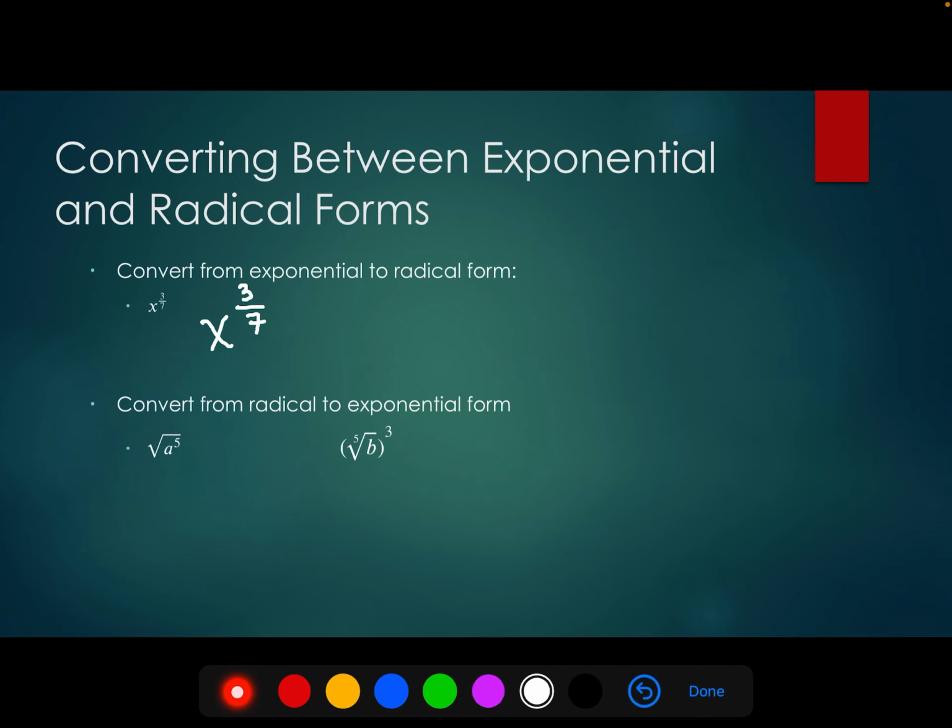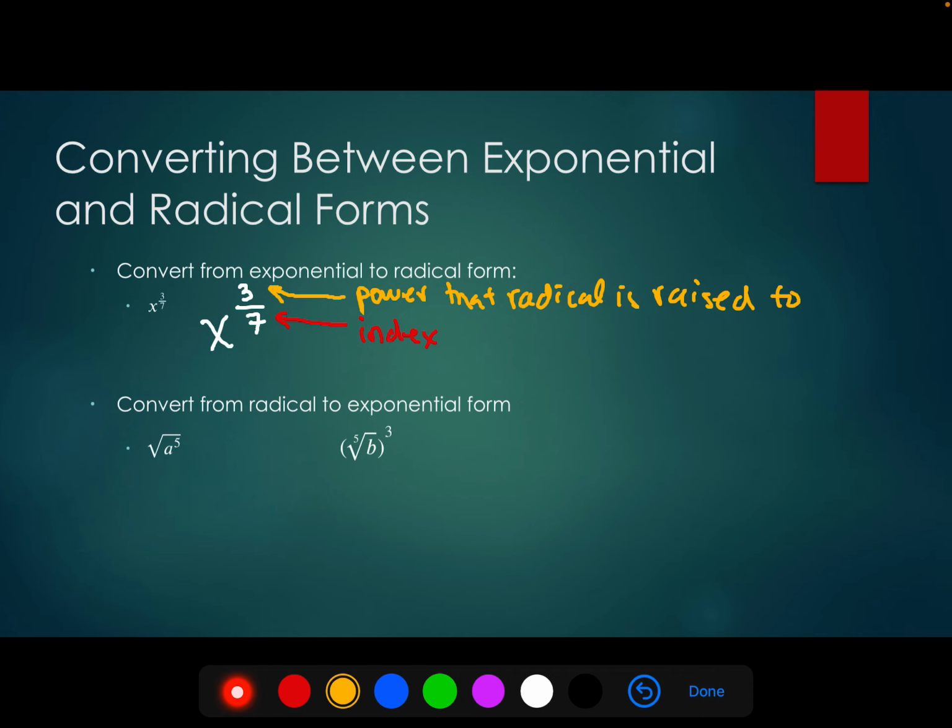Well, from before, we know that the denominator is going to be the index of our radical. And the numerator is what our power is going to be, the power that our radical is raised to.